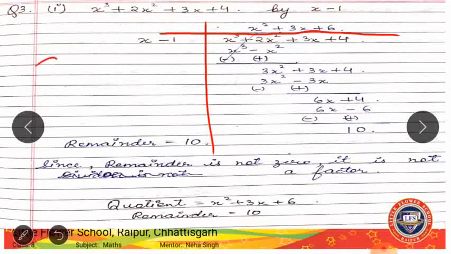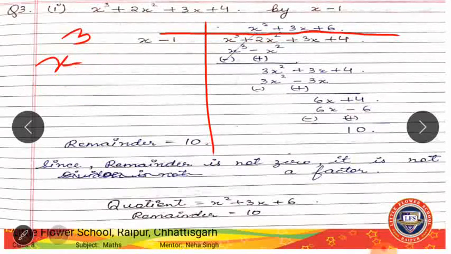We'll divide the first term of the dividend, x cube, by the first term of the divisor. Cube and 1, 3 minus 1 powers we can subtract. In the exponents chapter we have studied this, or directly we can cancel the powers. So out of 3, 1 will get cancelled, so 2 left. So the first term of the quotient will be x square, right?